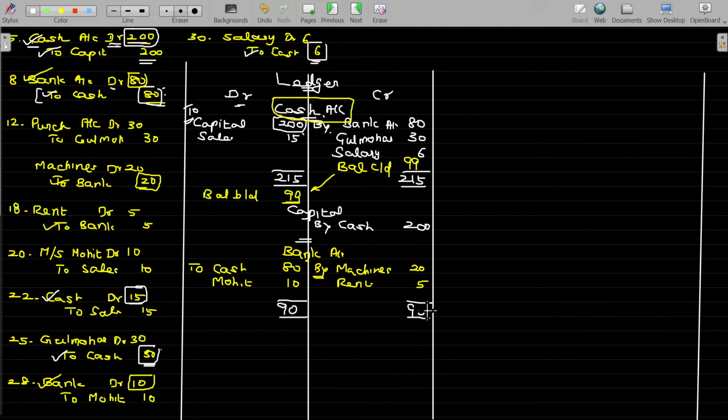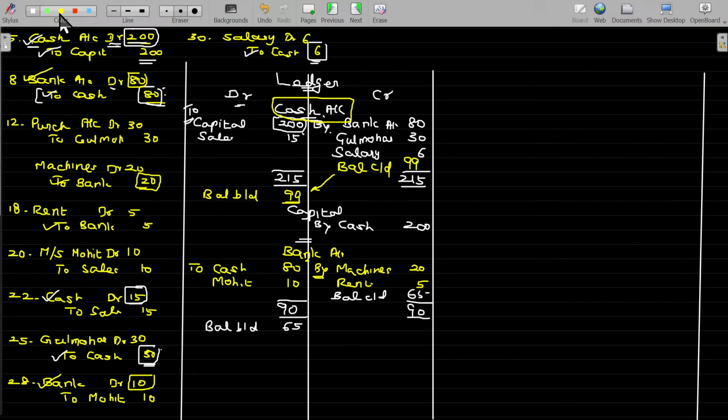The shortage value, how much is that? 65. Am I right? That 65 is named as balance carried down. Don't forget to rewrite it on the opposite side as balance brought down. Now this bank account has a balance of 65. That balance is in the debit side, so it is a debit balance. That's how you can name it.